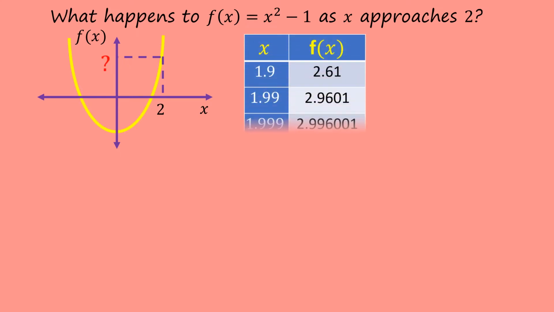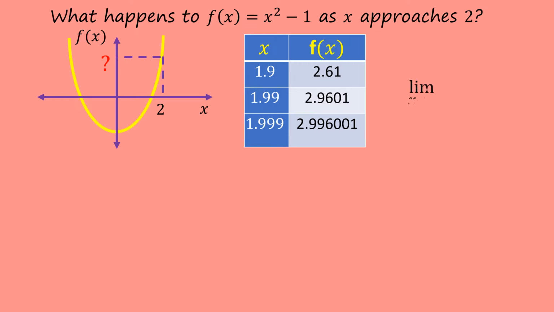Now, we can start to put some values that are relatively close to 2, such as 1.9, 1.99, 1.999. As we put these values into f of x, we are going to get 2.61, 2.9601, 2.996001.